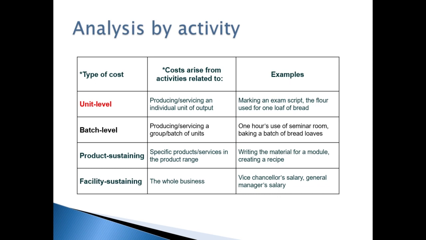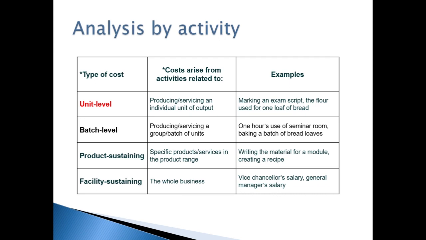So in the case of loaves, they usually bake loads of them in the oven at one time, so that cost is not a unit cost, it's a batch cost. And then you've got costs related to the product or the product range, so perhaps creating the recipe for a loaf. And then facility sustaining, things that are required to keep the business ticking over, like the general manager's salary.